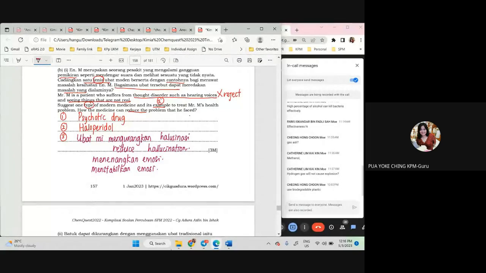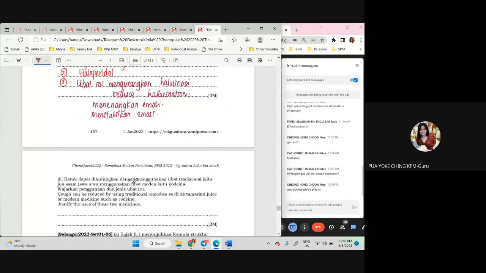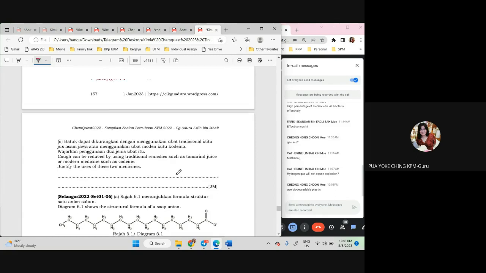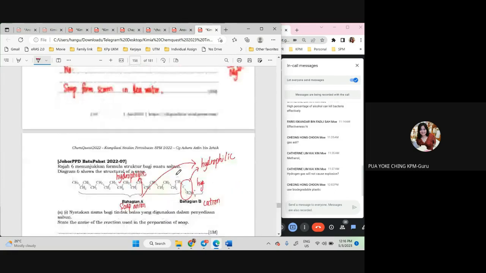Okay. So and then batuk boleh mengurangkan ubat tradisional atau ubat moden. Okay, wajarkan. Okay, soalan ini tahun lepas very teruk. Sebab before this, kalau you tengok soalan-soalan yang sebelum ini, this is the last I want to discuss.